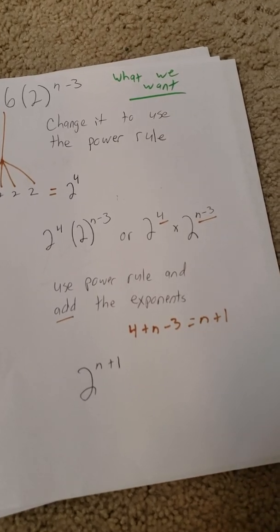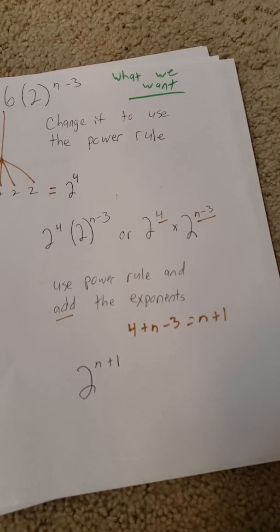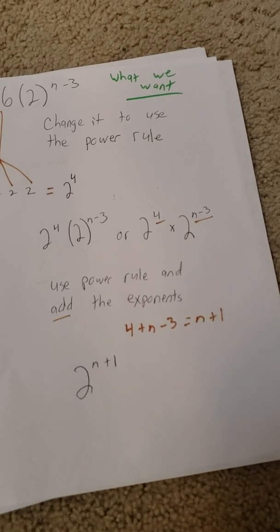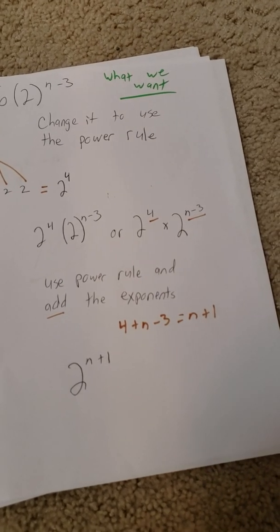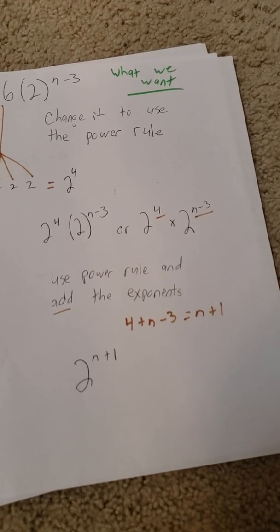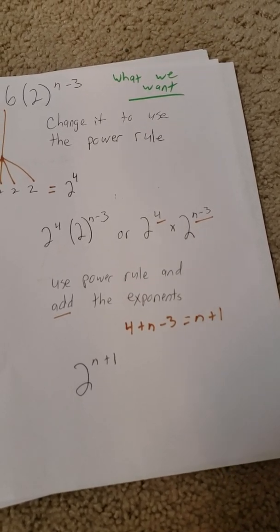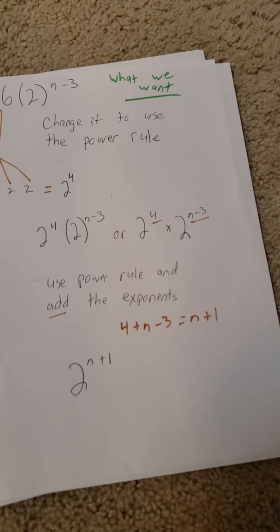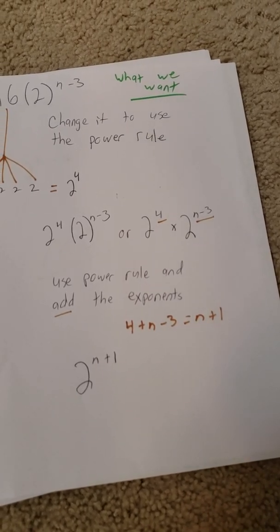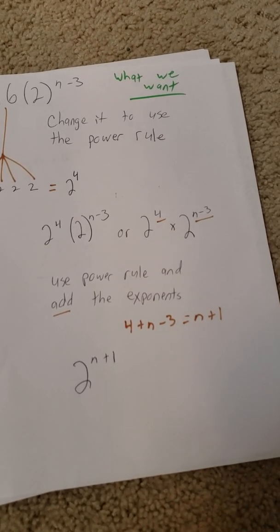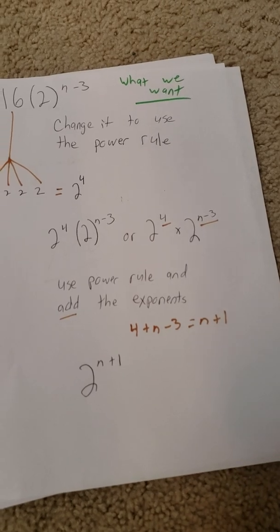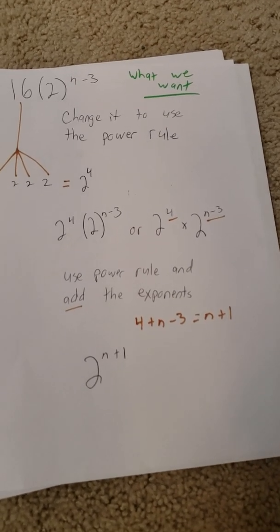So we have 2 to the fourth times 2 to the n minus 3. Then we are going to use the power rule and add the exponents, which is 4 plus n minus 3 equals n plus 1, which is going to give us 2 to the n plus 1, which we are trying to get every equation equal to.